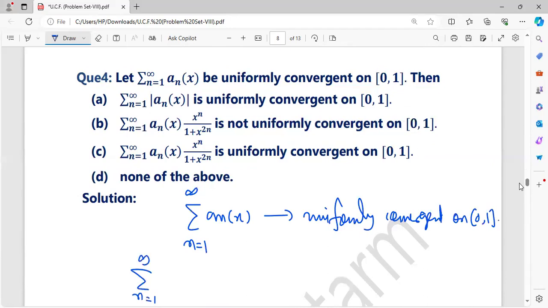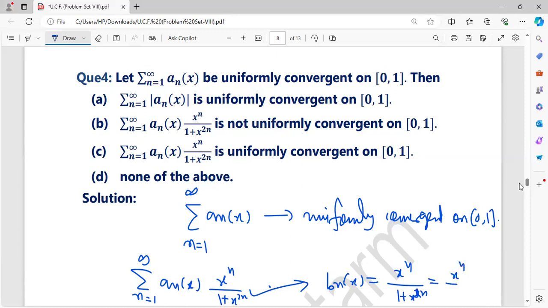Summation n goes to 1 to infinity a_n x to the power n upon 1 plus x to the power 2n. So what is b_n(x) here? This is b_n(x). So b_n(x) is equal to x to the power n upon 1 plus x to the power 2n. I can write it as x to the power n upon 1 plus (x to the power n) square.